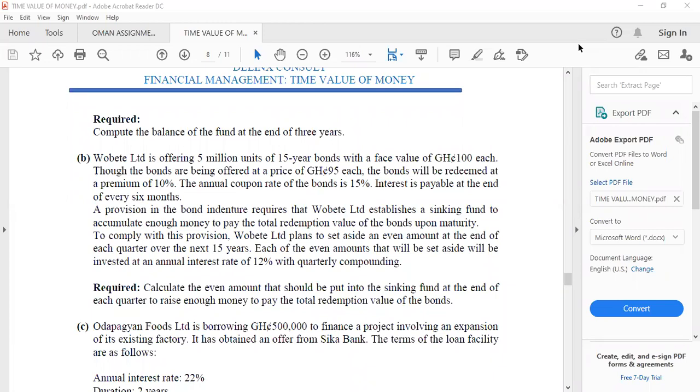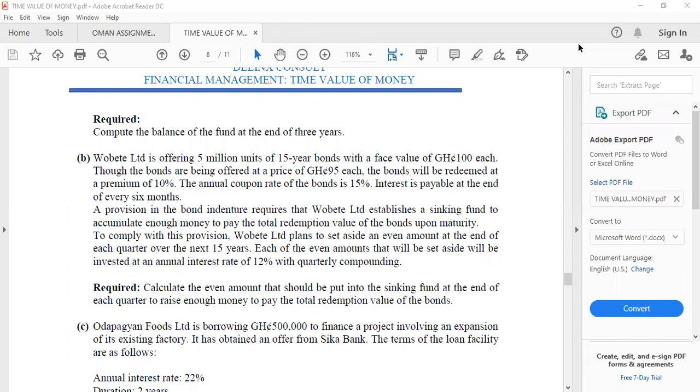Yes, please. So OBT Limited is offering 5 million units of 15-year bonds with a face value of 100 each. What will be the total face value of the bond? 500 million. That would be 500 million, which is 5 million units multiplied by the value per bond, which is 100 Ghana cedis each.